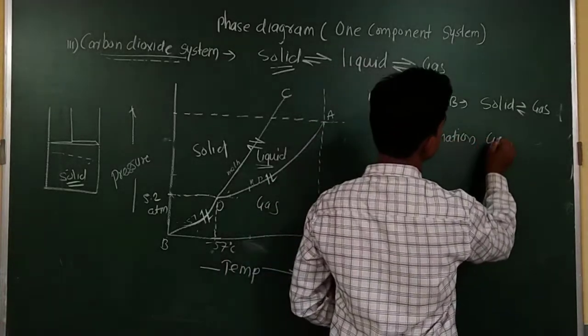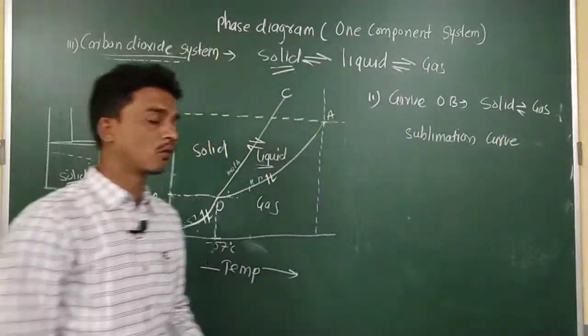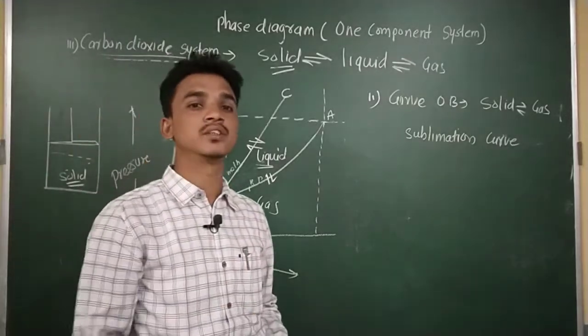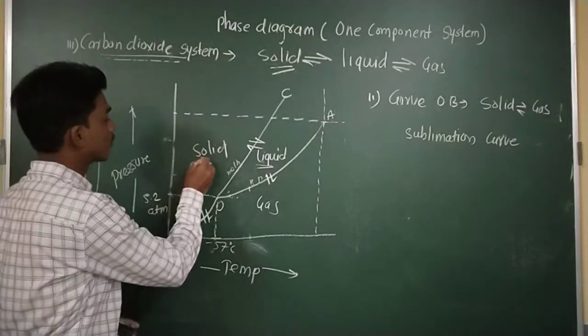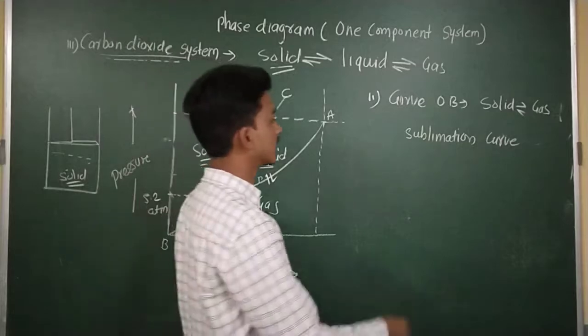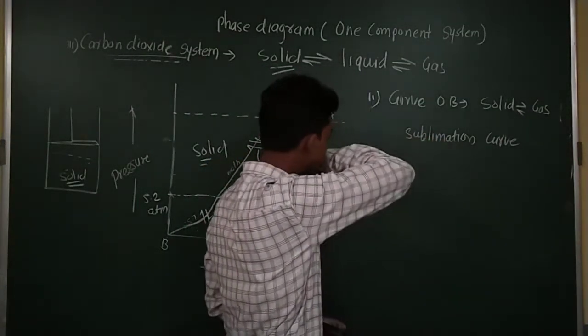Why sublimation curve? As we know, the sublimation process is when a solid is directly converted into the gaseous state. So this solid is directly converted into the gaseous state. That's why we are saying this is the sublimation curve.